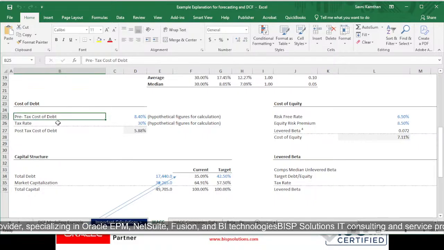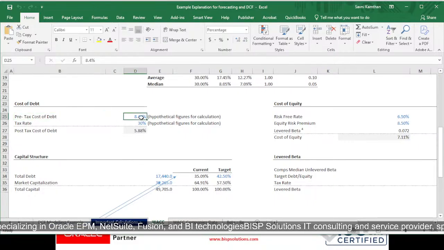So first of all, pre-tax cost of debt I am taking as 8.40%, and tax rate I am taking as 30%. As we know that 30% is for long run companies, so we are taking the tax rate as 30%. You all can take 20% also, but I am taking it as 30%.